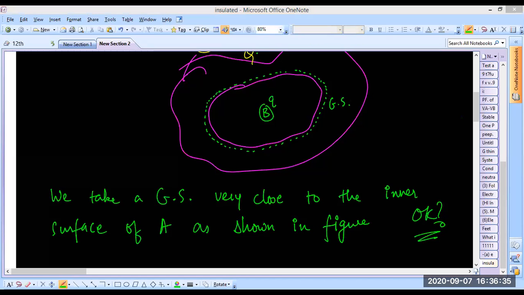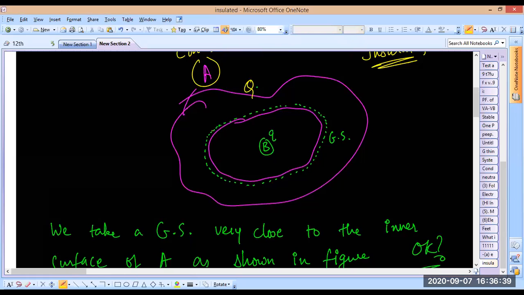Fine. Now I am going to ask you some easy questions. What is the electric field at this point? Electric field cannot be positive. So many people have said 0, 0, 0, 0.